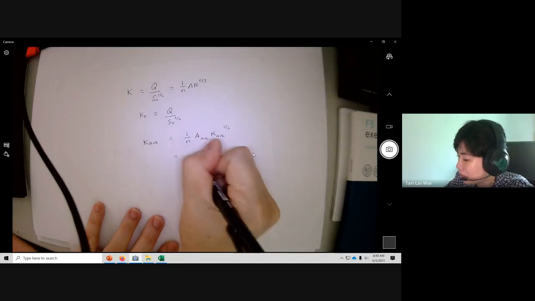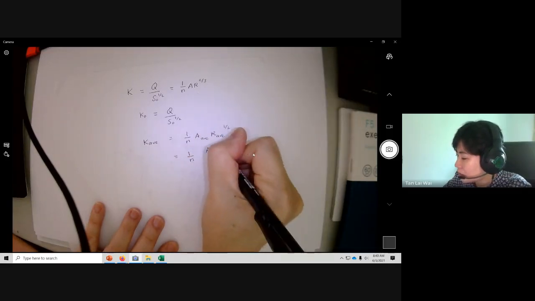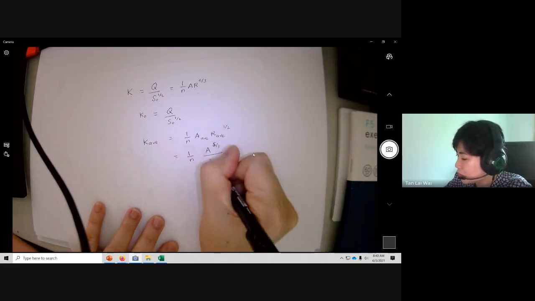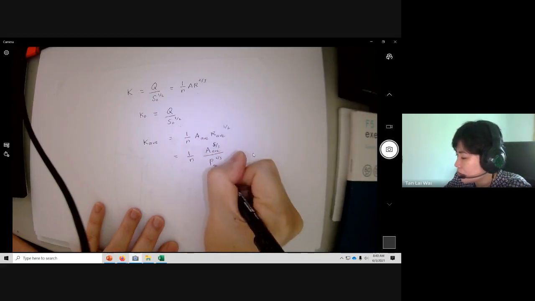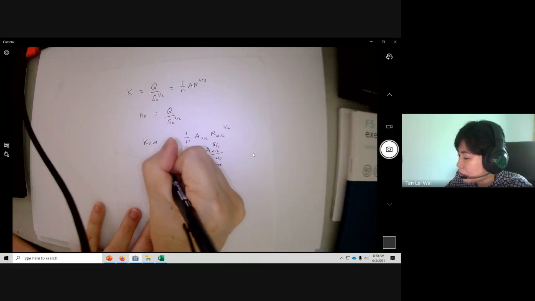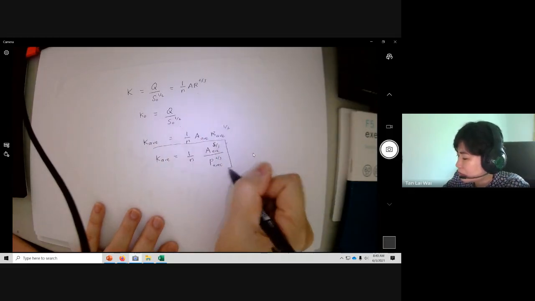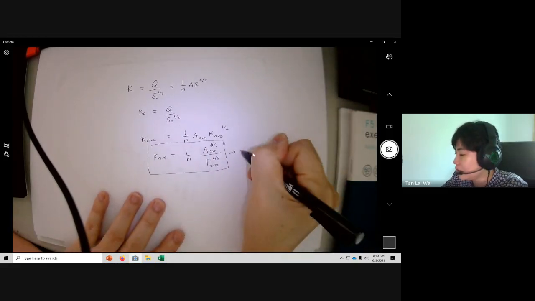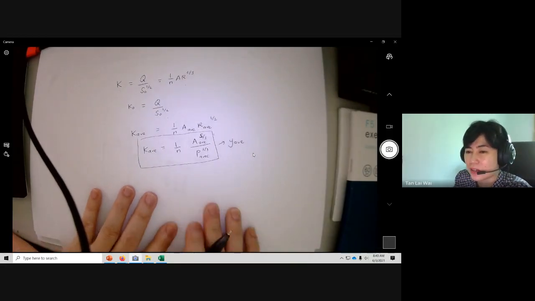I have 1 over n, A to the power of 5 over 3, P to the power of 2 over 3. So this is average. This formula will depend on when you use the y average. Now, how are you going to find this y average?